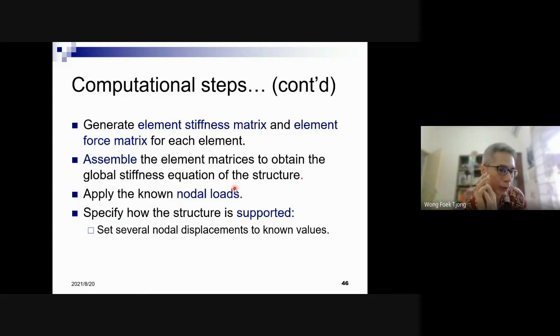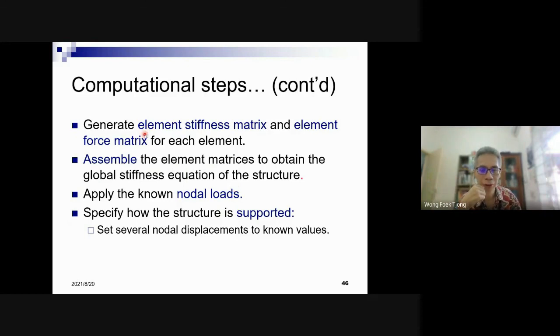We will create global equations. The global equation consists of the global stiffness matrix times the displacement vector equals the force vector. So these are the steps to obtain that equation.